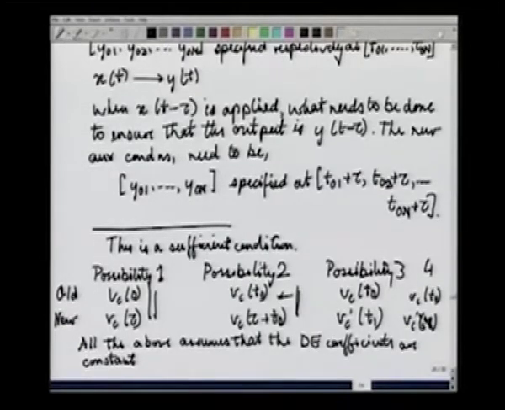It is only under that proviso that the rest of the discussion is valid.